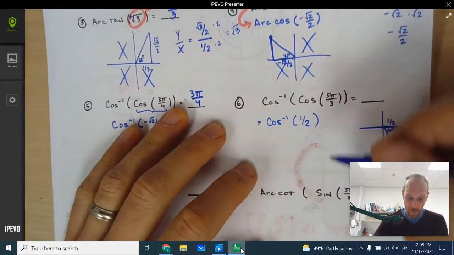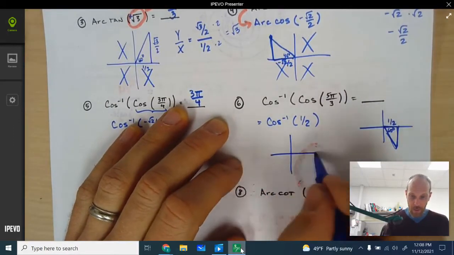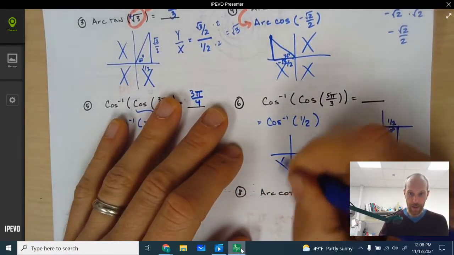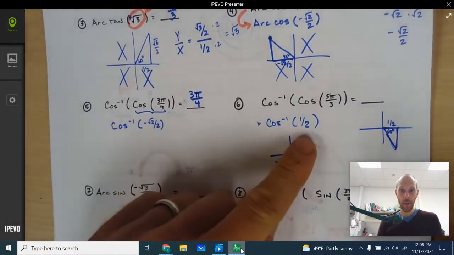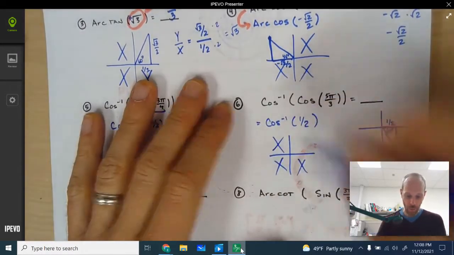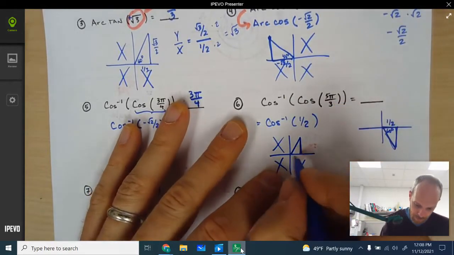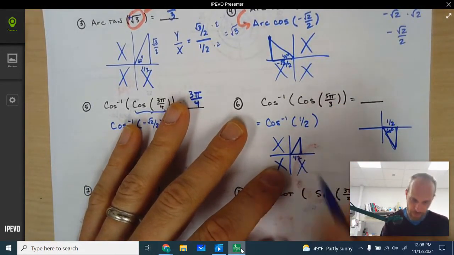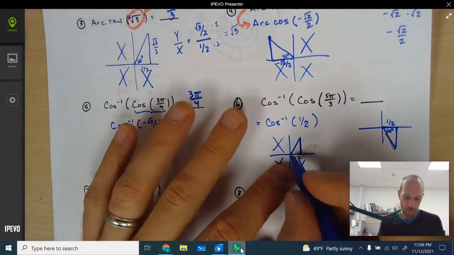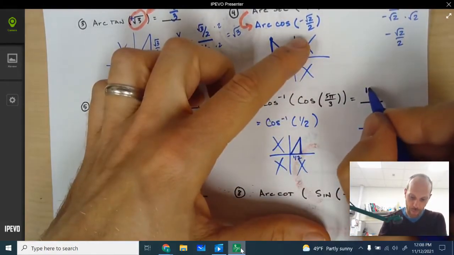But inverse cosine of 1/2 is only defined up here. And that's a positive angle, so I can cross off number 2.